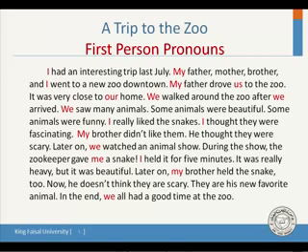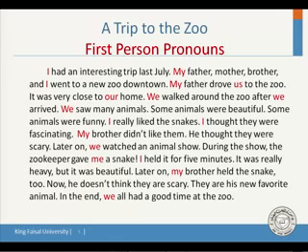Look at this paragraph. It's a story or a personal narrative. Someone wrote about a trip to the zoo or to a new zoo. Let's read it together first. I had an interesting trip last July. My father, mother, brother, and I. How many people? 4 people.